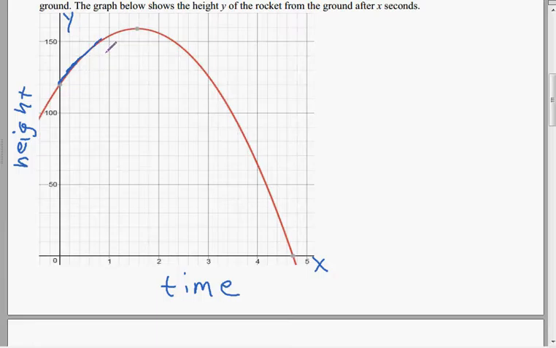If I look at the graph, it continues going up, but then it starts to level off. It gets to the point up here where it turns around and starts going down. The part where it's going down, I don't want. I just want the part where it's going up. So it actually stops right here, and I'm going to try to figure out where that is.